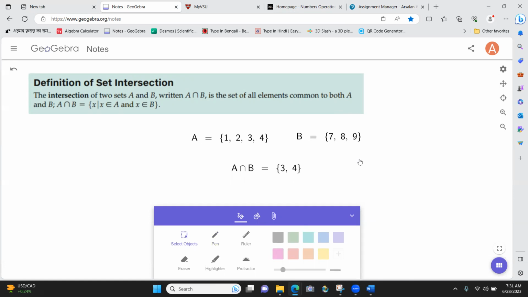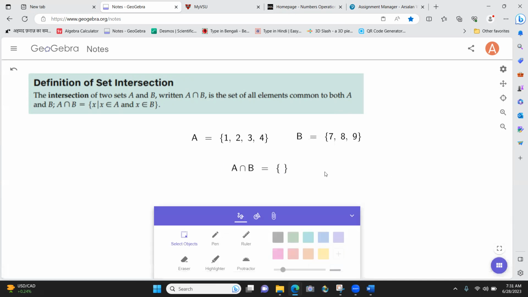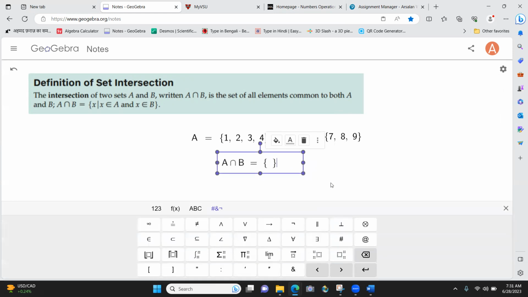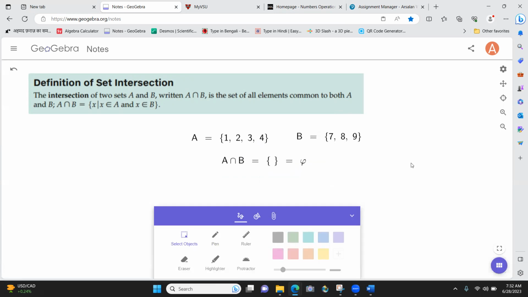Nothing belongs to both A and B. So my set is going to be the empty set. I can write it like that. Sure, totally fine. There's nothing that belongs to both sets. Or we can write it as follows. I'm looking for phi, you can tell. So that's what we mean by intersection.